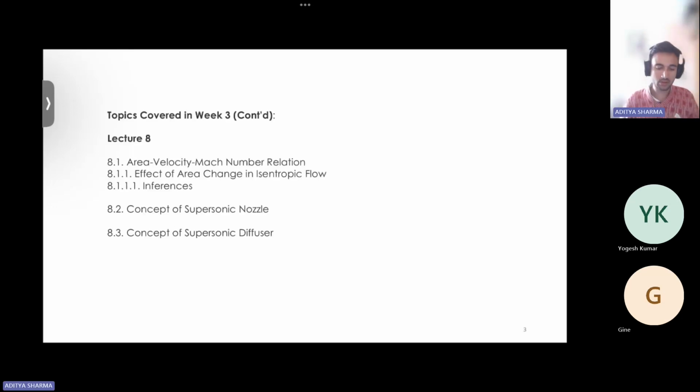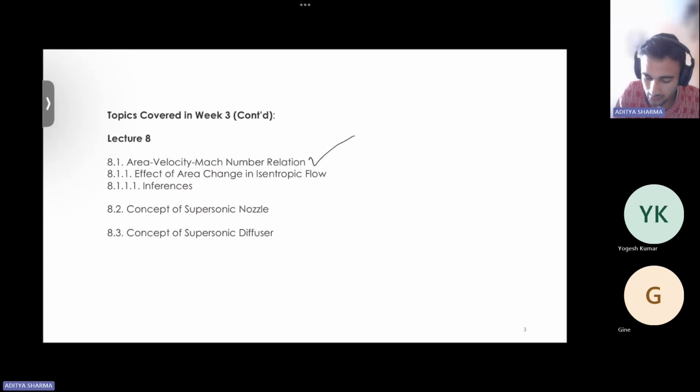So this was about lecture 7, and then in lecture 8, I believe there are two straightforward questions in the assignment on this topic only, question number 1 and 3. This area velocity Mach number relation was given.